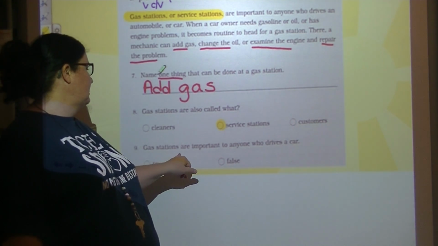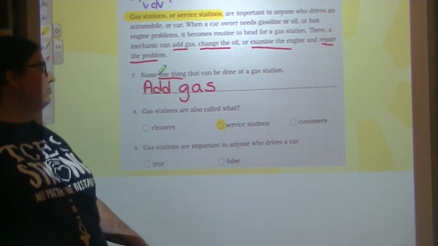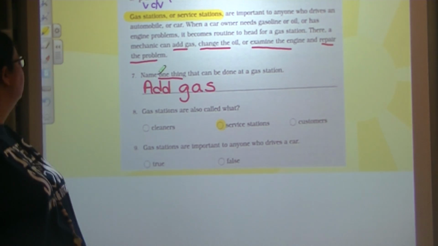Number 9, gas stations are important to anyone who drives a car. True or false? Find it.